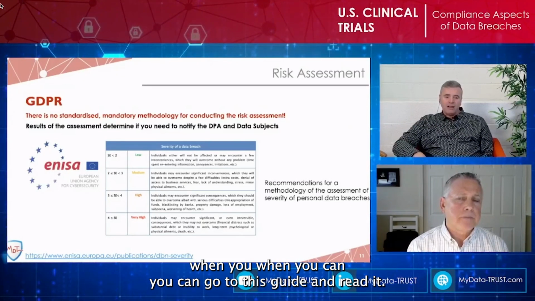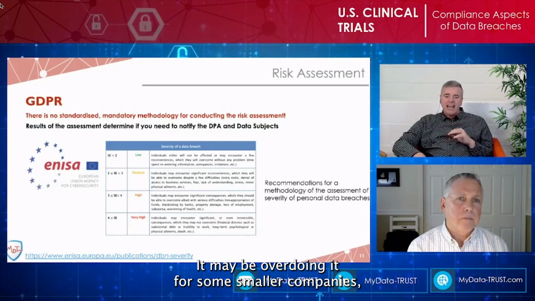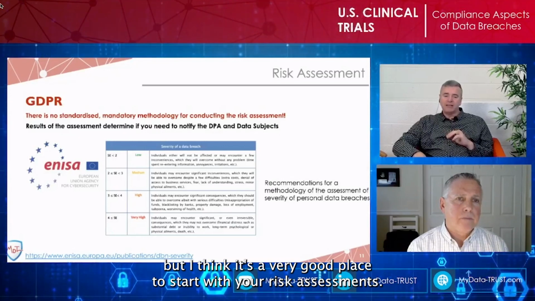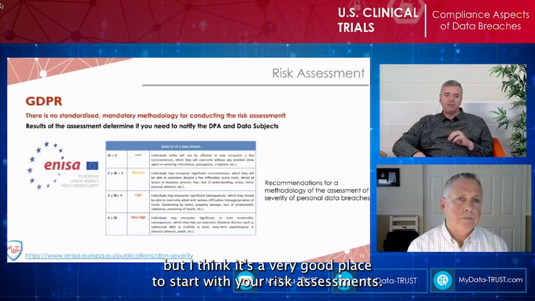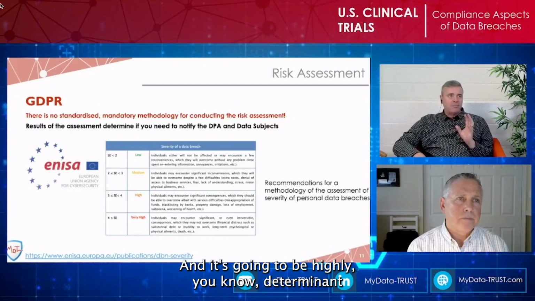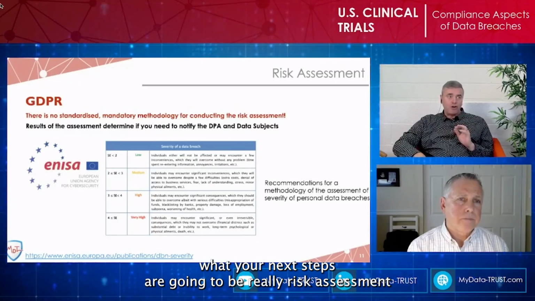You can go to this guide and read it. There's a very detailed methodology. It may be overdoing it for some smaller companies, but I think it's a very good place to start with your risk assessment. And it's going to be highly determinant on what your next steps are going to be.